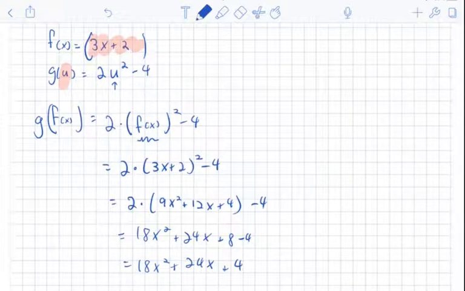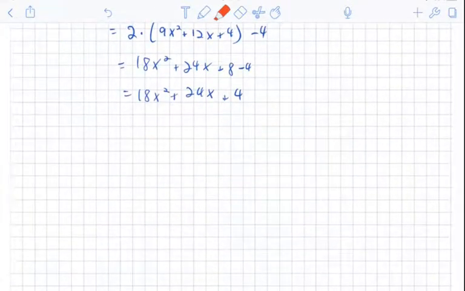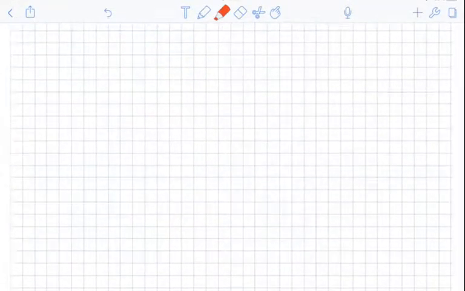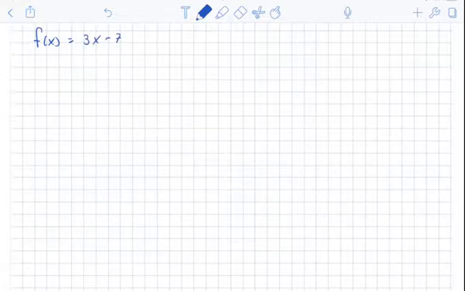So there's a reason I keep focusing on the variable name, and that's because in the wilderness, you're not usually given it in such sweet terms. I said at the very start that usually you're given both expressions as functions of x. f of x is 3x minus 7, and g of x is 4x plus 3.